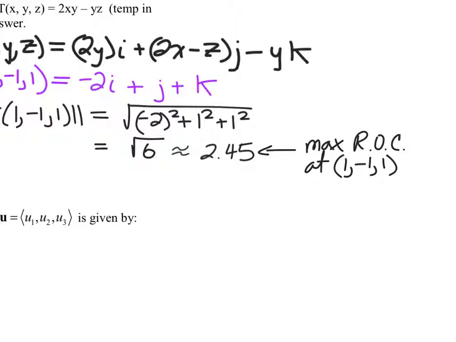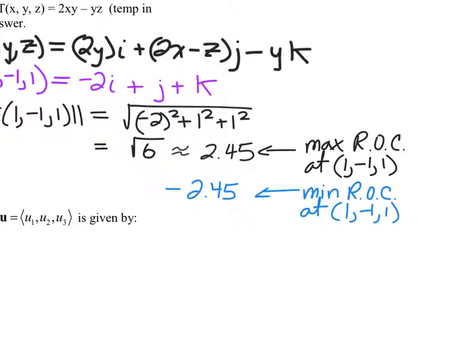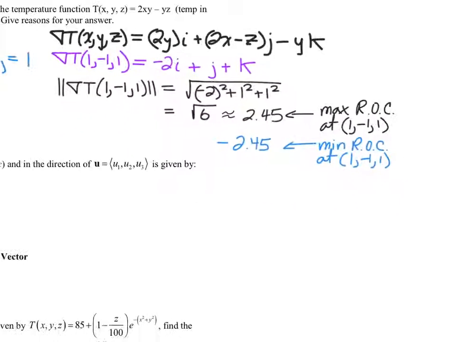I didn't include the units. But one of the properties tells us that the opposite of that would be the minimum rate of change. The negative magnitude of the gradient is the minimum rate of change.